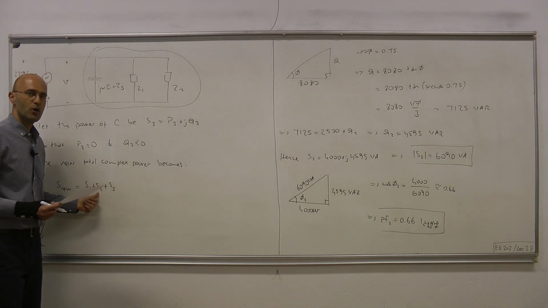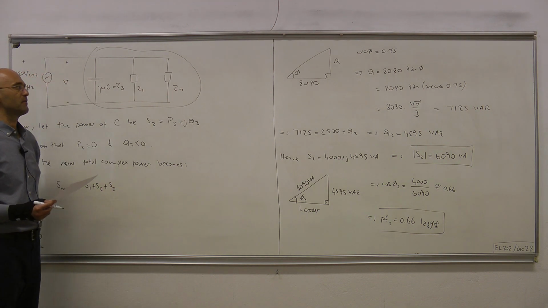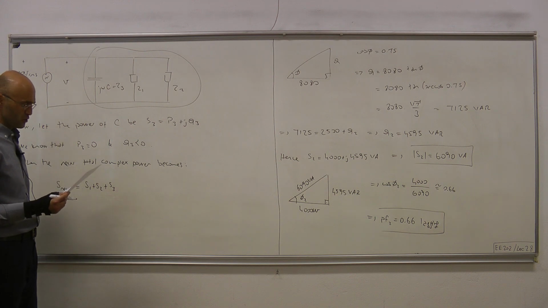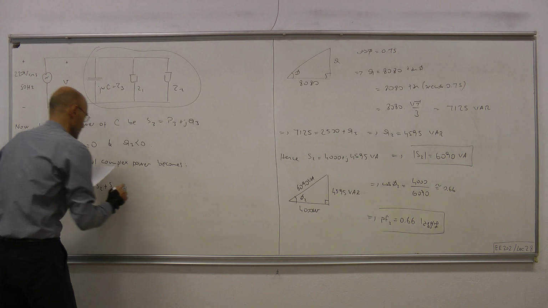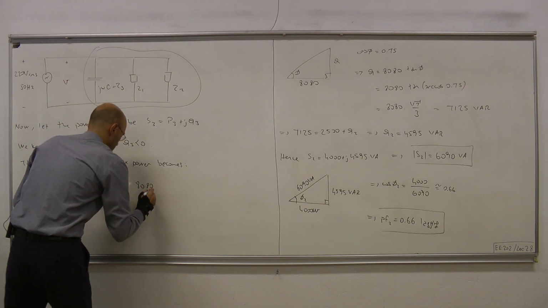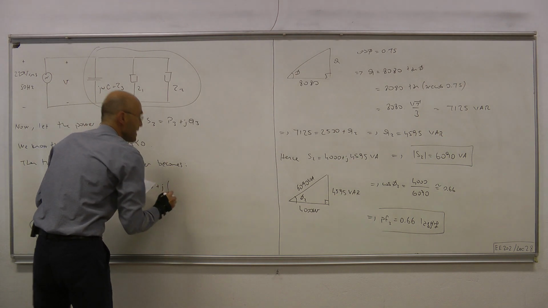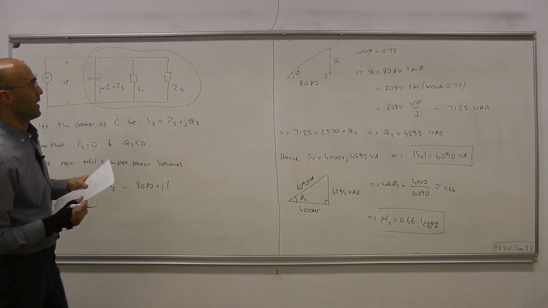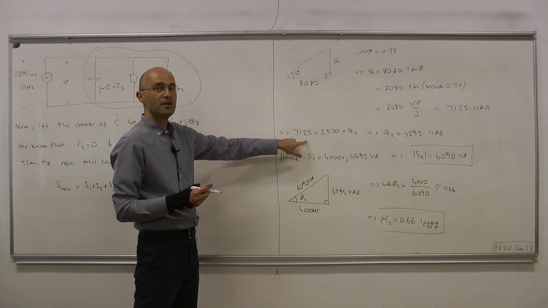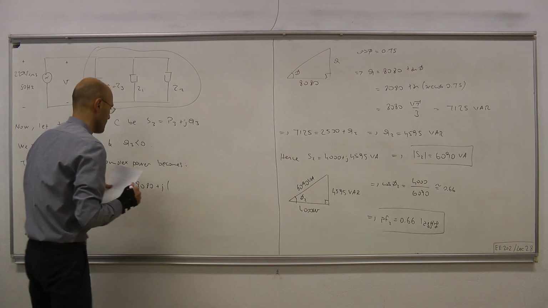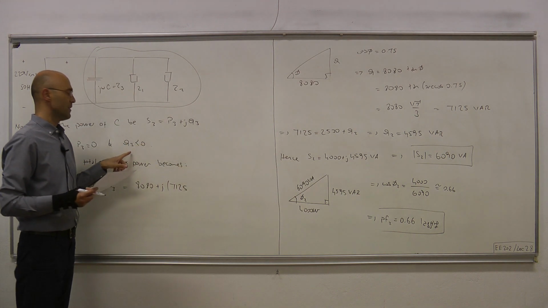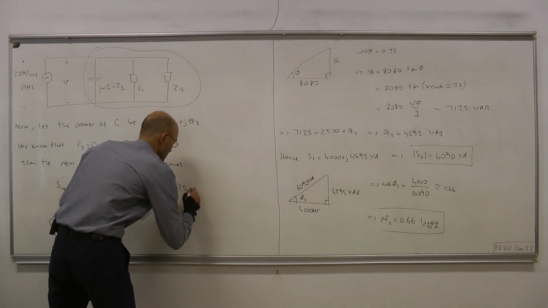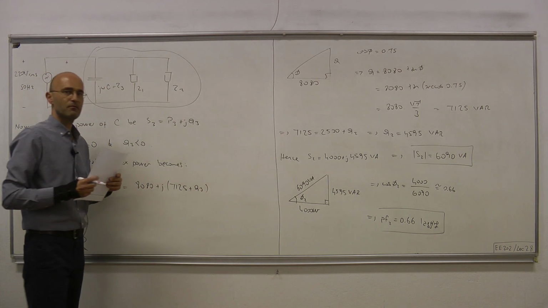S1 and S2 we already computed, and we just said that they're the same for the new situation. So we can write this to equal 880 plus j, the previously computed reactive power, 7125. To that we now add a third term plus Q3.